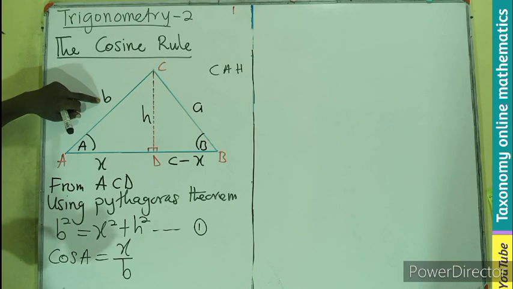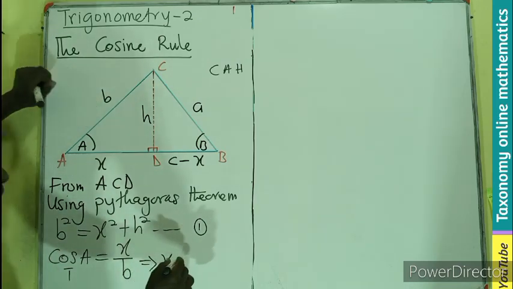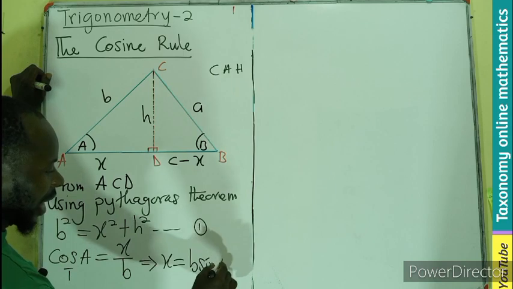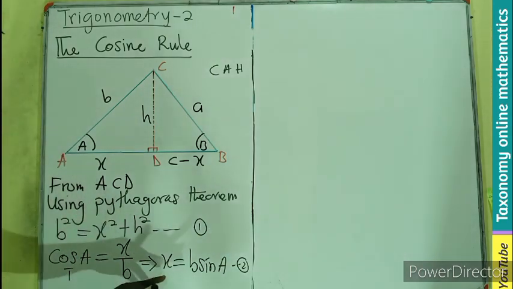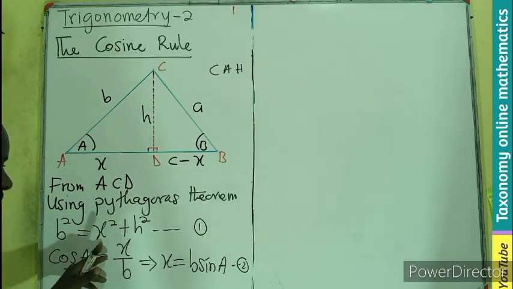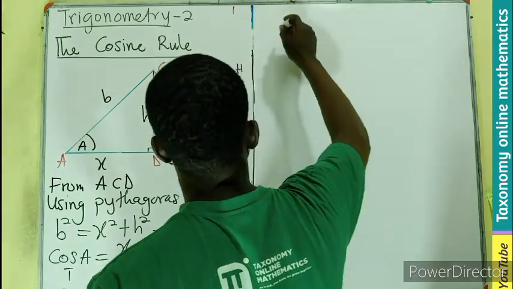Let's make x the subject: you cross multiply, so x will be equal to b cos A. That becomes the second equation. I am seeing x here, I'm seeing x here. So let's take the other side of the triangle and compute.